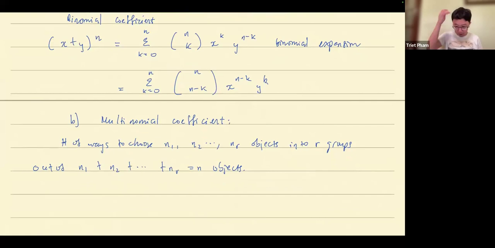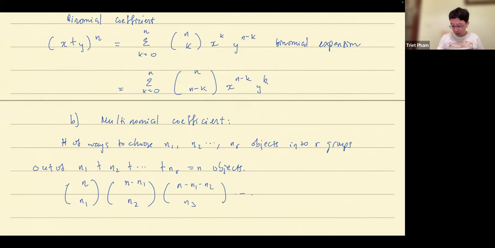Now, the answer, of course, is the multinomial coefficient, but one way to see this is, first of all, you pick out of n objects, you pick n1 to be in the first group, and then of the remaining n minus n1, you choose n2 to put in the second group, so on and so forth.